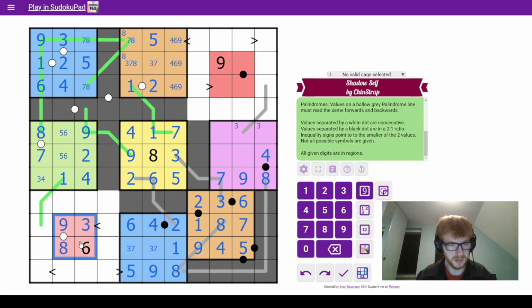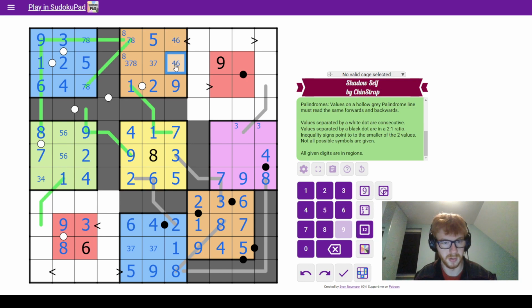It's weird how I have this filled in, but not the full region yet. And I think there's a specific number that I'm just not thinking about, or at least not correctly. Oh, this can be 4 or 6, so it's a 9. That's all the 9s.